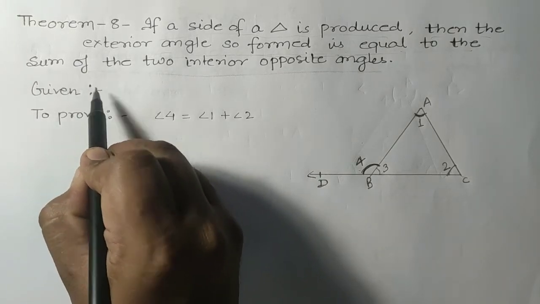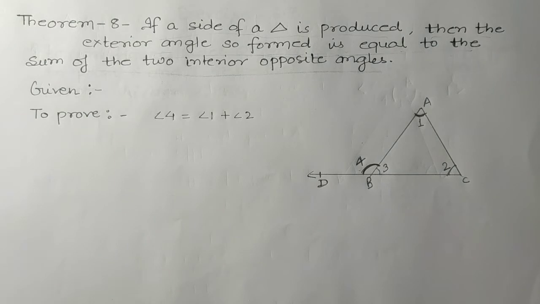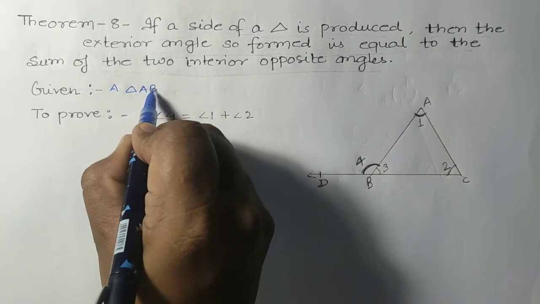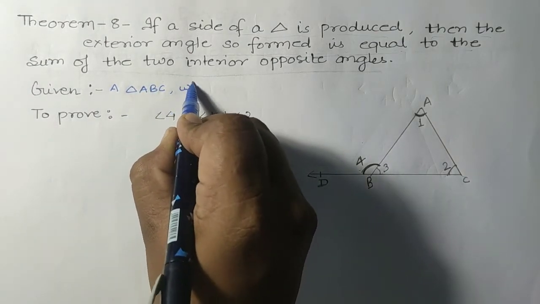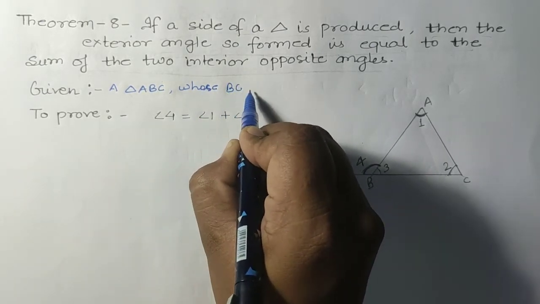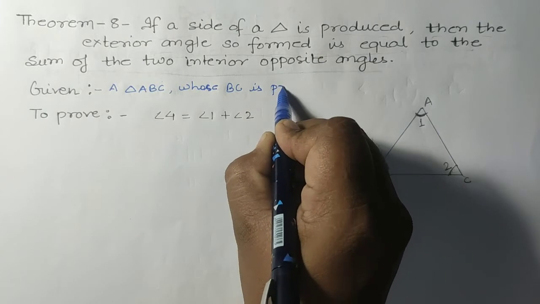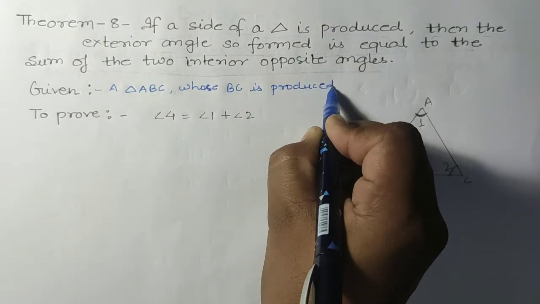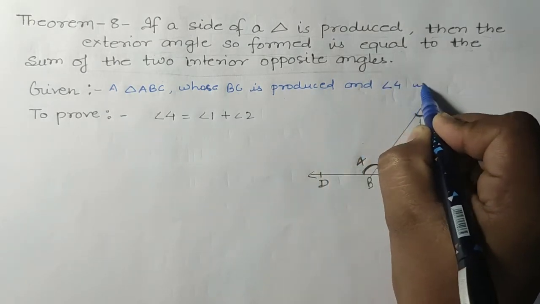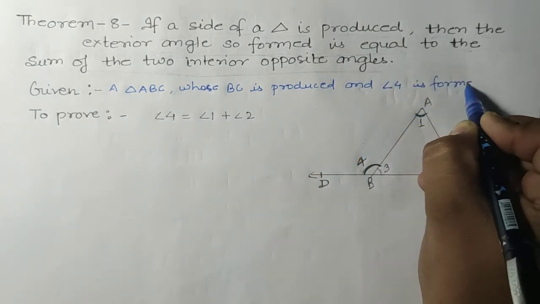Now what will we write in the given part? In the given part we will write that a triangle ABC, whose BC side is produced and angle 4 is formed.